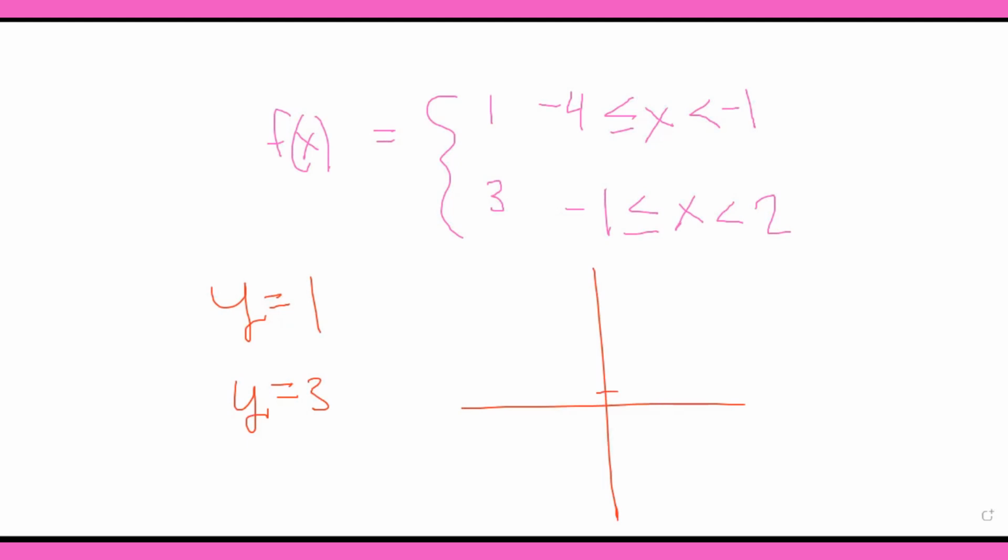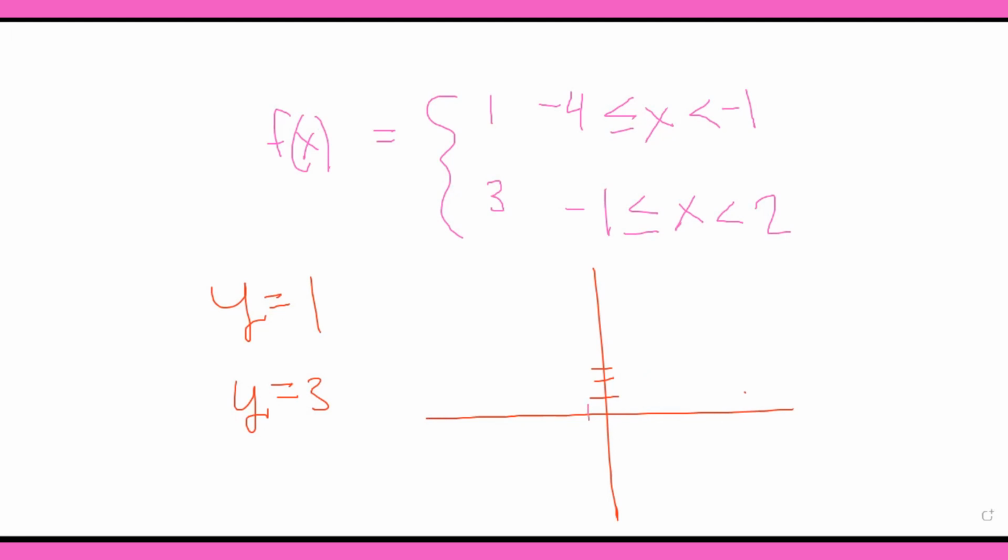Y equals 1 would be always, and y equals 3 always. So those would be two horizontal lines, but we don't want all of them. We only want a portion of x. For the first one, I'm going to let y equal 1 only from -4 to -1 for x.